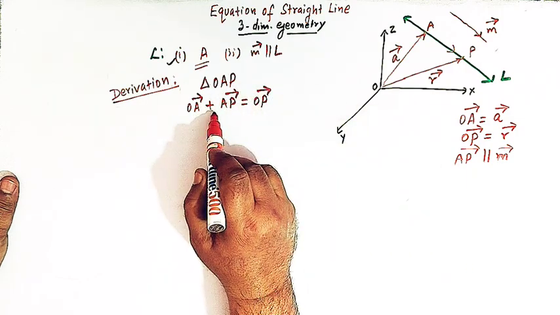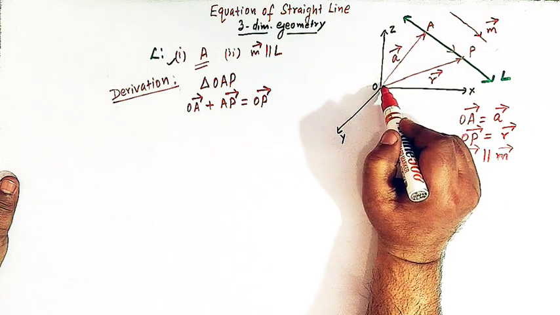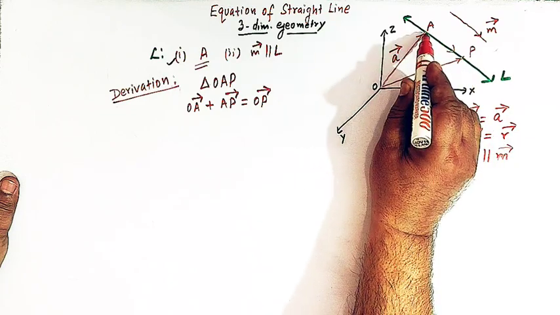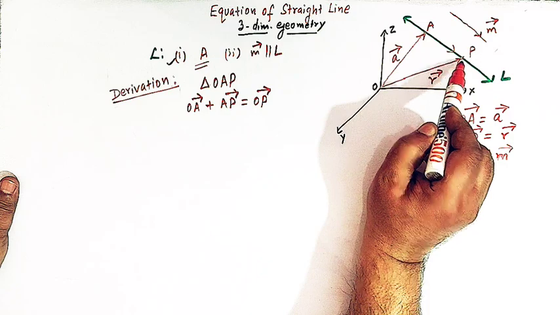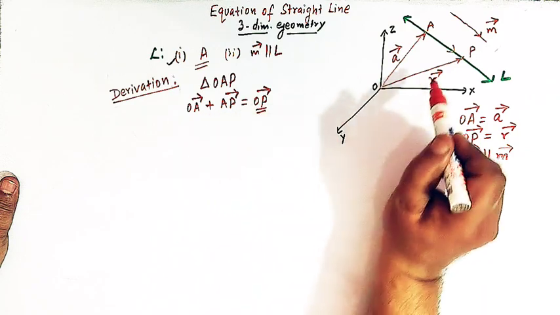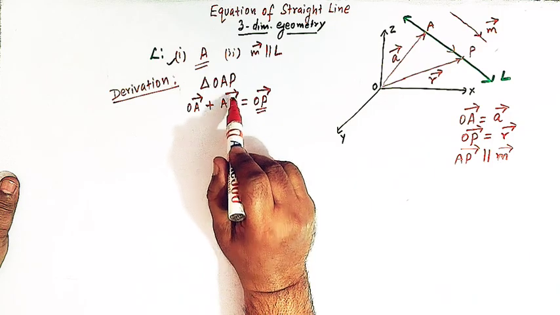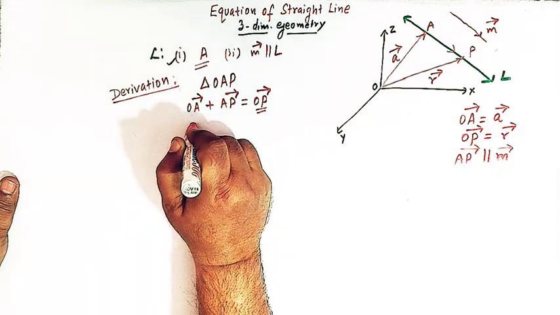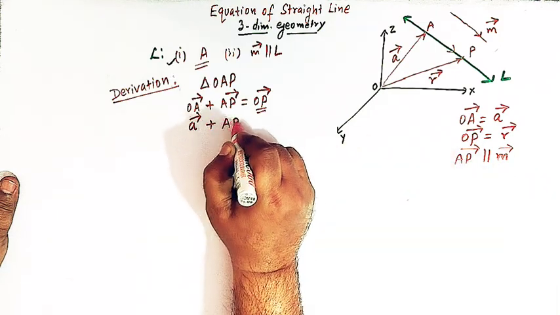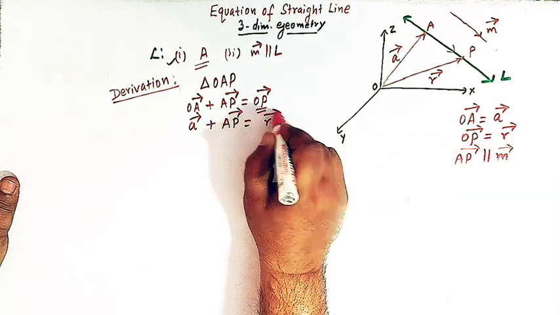OP is the resultant vector of vector OA and vector AP. OA is vector A, then we have vector AP, and vector OP is given by vector R.